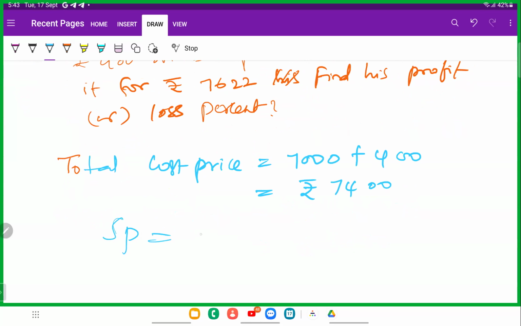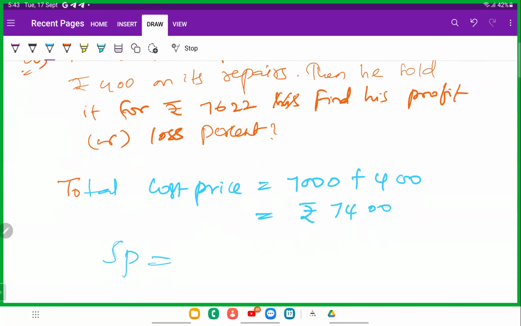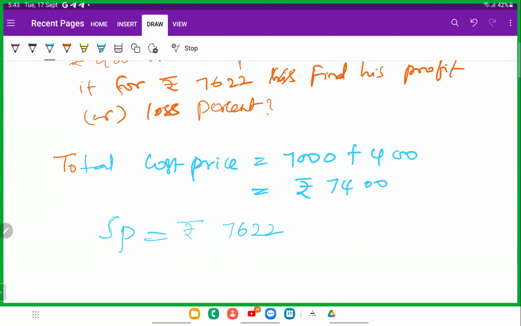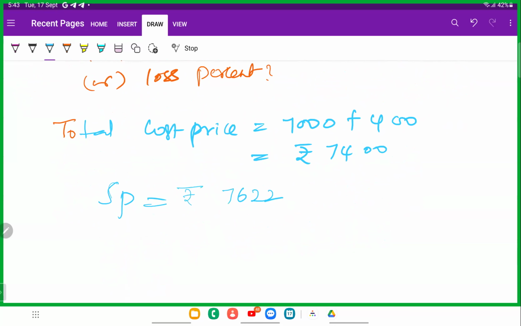So selling price is how much, given in the question? Selling price is 7,622. So is Ravi making profit or loss? Ravi got profit, sir. So profit is selling price minus cost price, as selling price is greater than cost price.